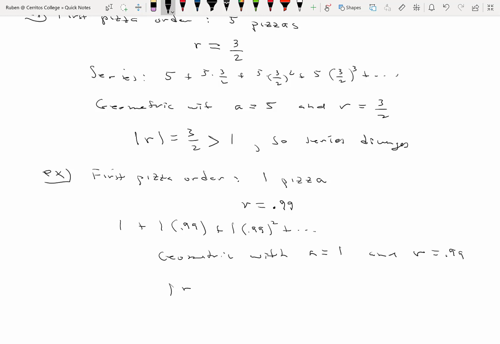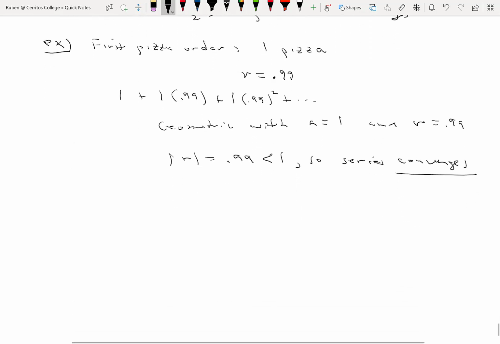The absolute value of R is 0.99, which is still less than 1. So the series converges. This person can really be a pig, pardon my language. They can just keep ordering 99% of what they ordered before.